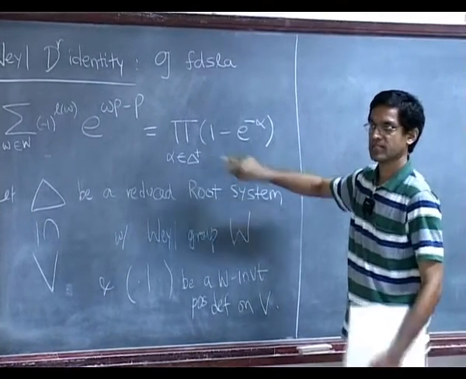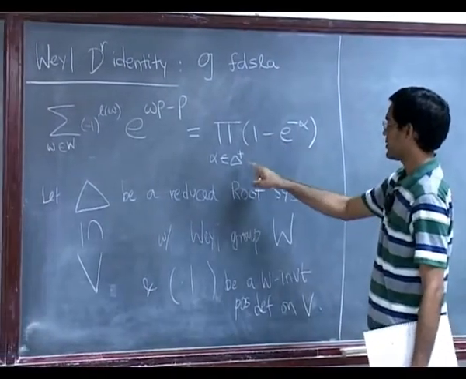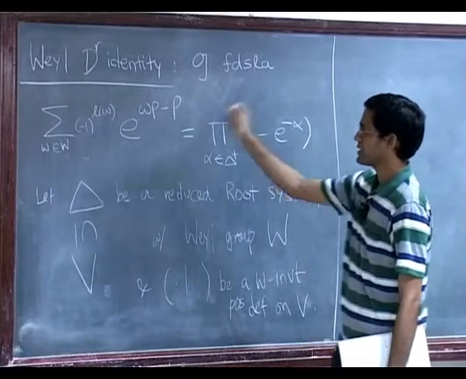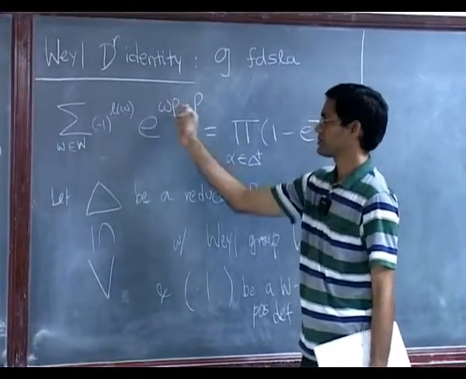So you can just work inside this vector space V. It says take the product over all the positive roots of your root system. On the other hand, it says take the Weyl group W and then just compute this particular product.